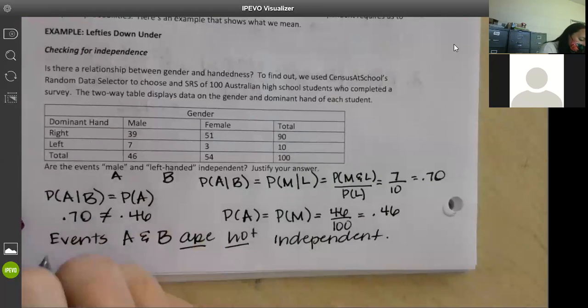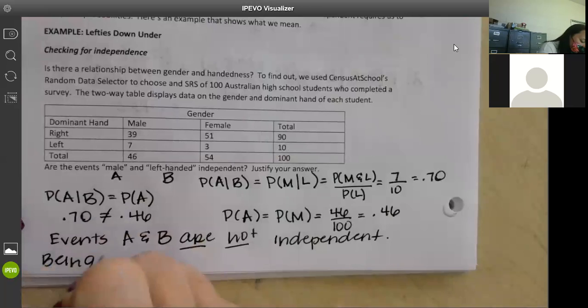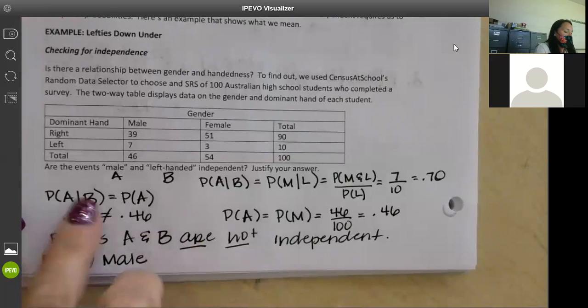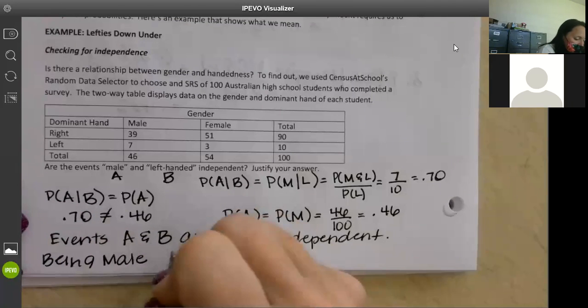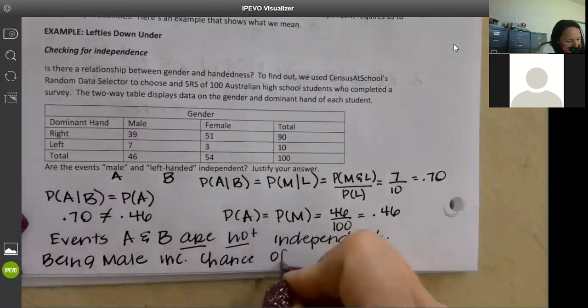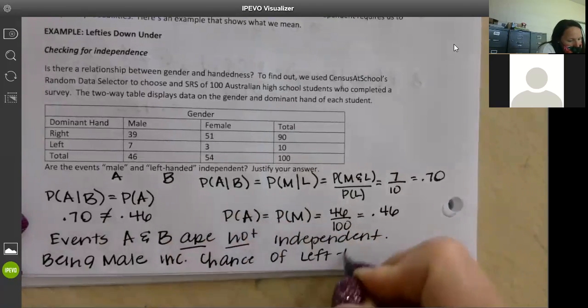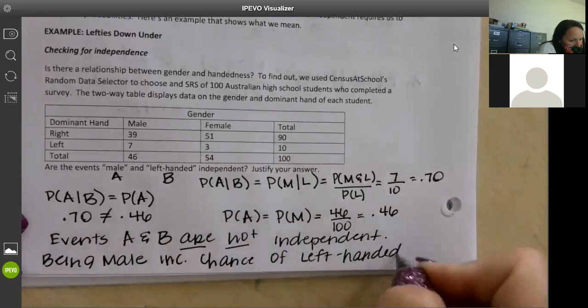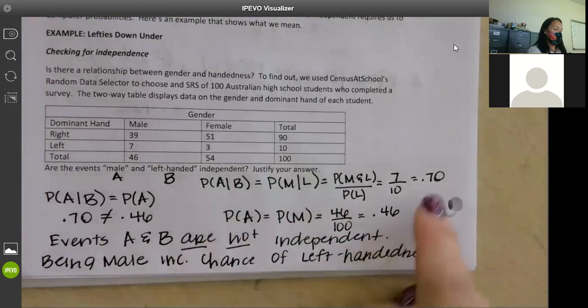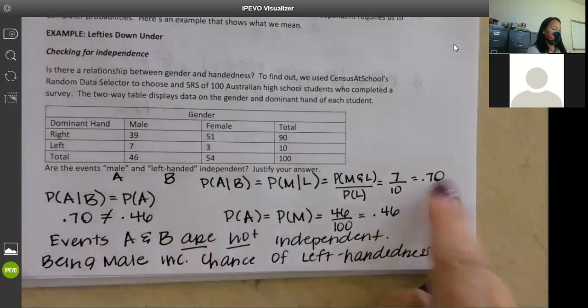Being male, given left-handed and male, we had 70%, increases your chance of being left-handed. Okay, so just being male was 46% and male given left-handed was 70%.